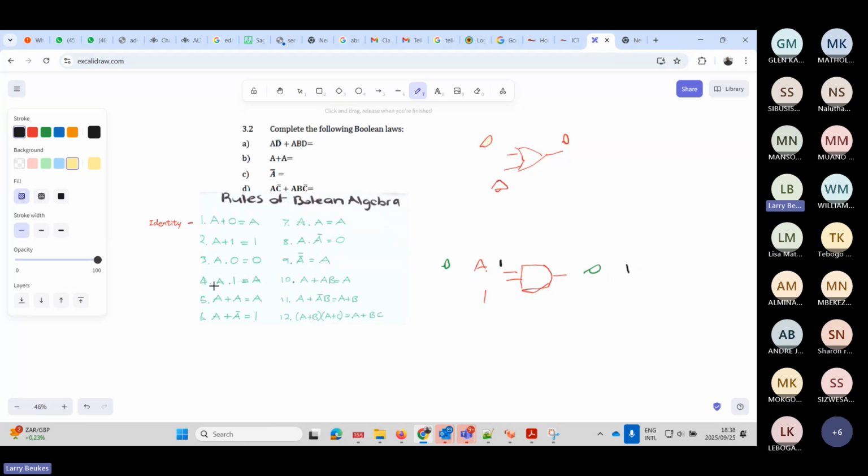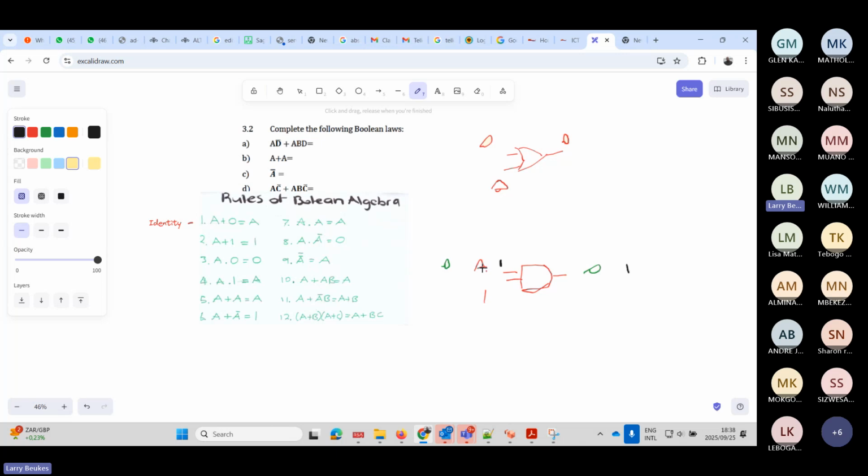So what is this thing saying? This identity law is just saying that if you AND anything, it doesn't matter what, with a 1, the output will be this value. So do you guys agree? We ANDed with a 0, the output was a 0. We did a 1, the output was a 1.